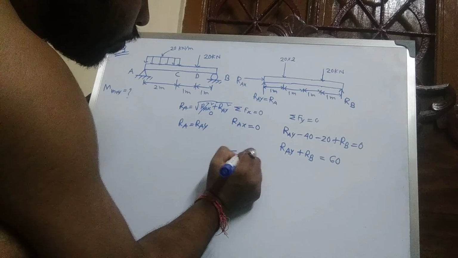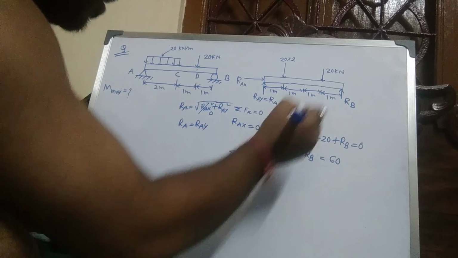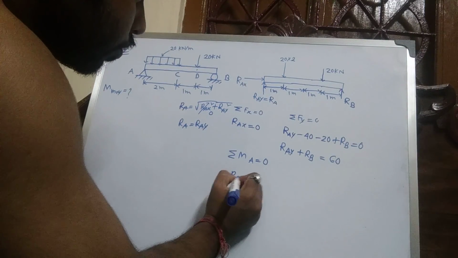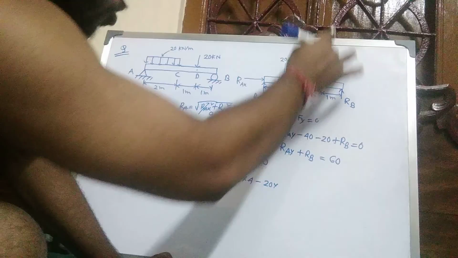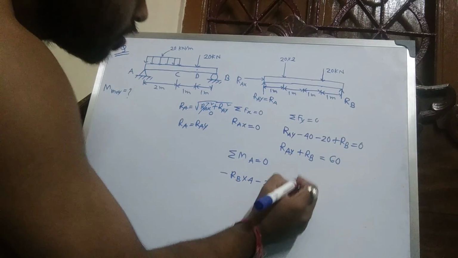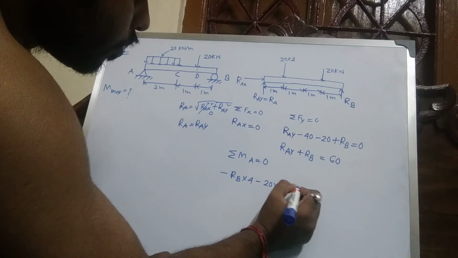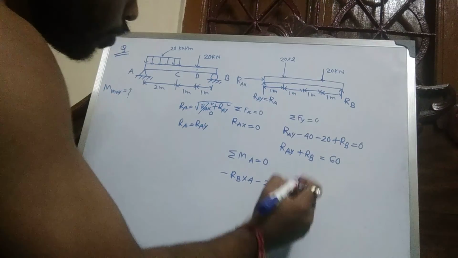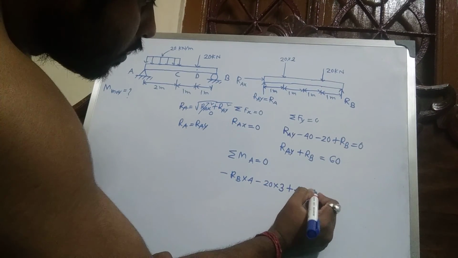Now summation of MA equal to 0. Counterclockwise negative, RB into 4 minus 20 into 3, clockwise sense, and this is 40 into 1, clockwise sense, so positive, equal to 0.